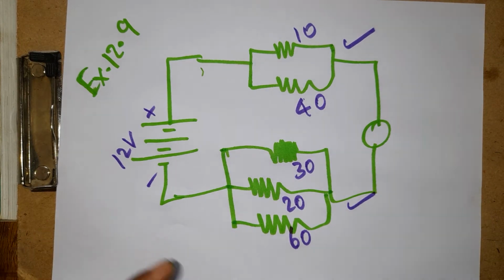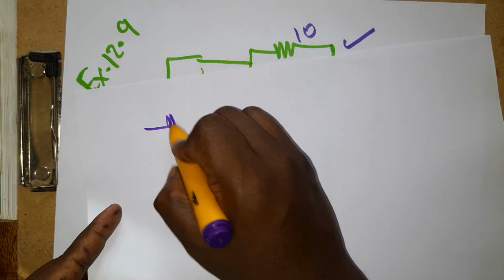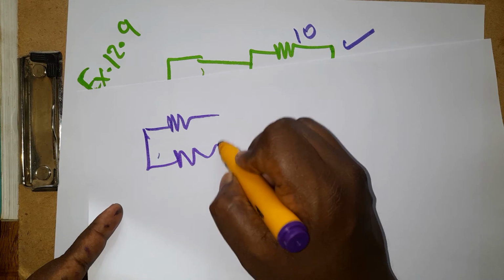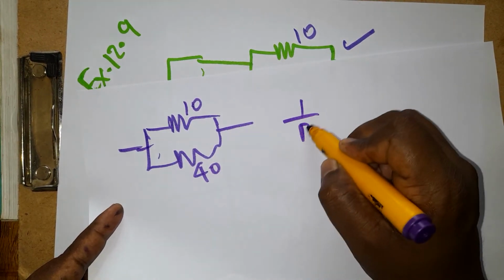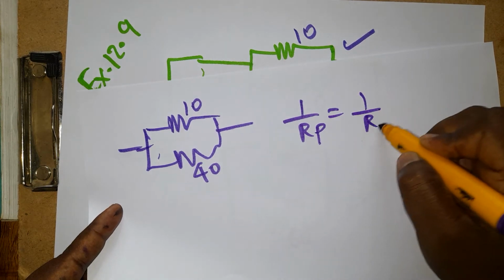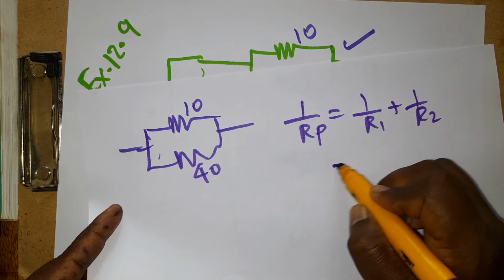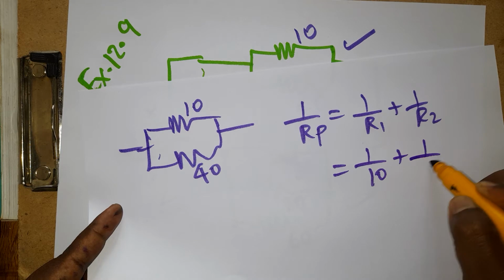It is easy, both are in parallel, 10 and 40. For the parallel formula, 1 by Rp is equal to 1 by R1 plus 1 by R2. 1 by 10 plus 1 by 40.